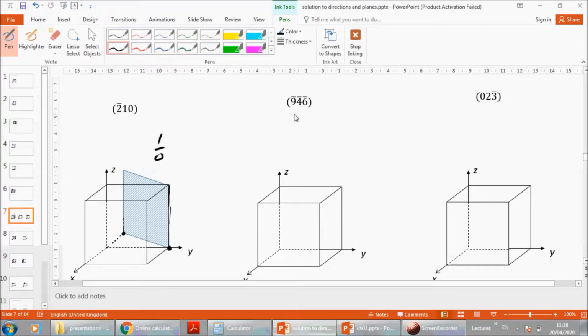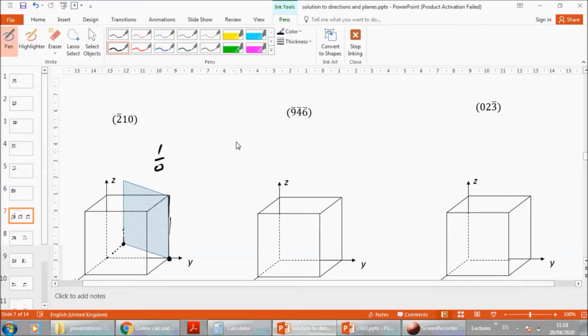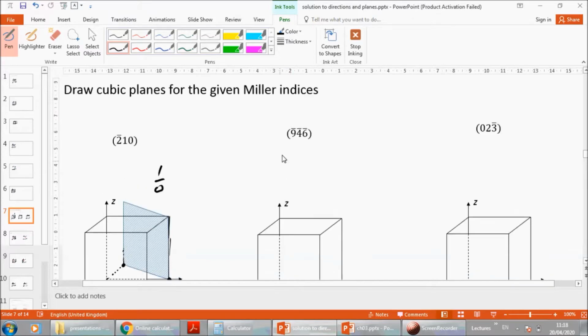If you see, I don't have a 0 over here. That means it will be a triangular plane. Again, first open the bracket: negative 9, negative 4, negative 6. Take the reciprocal.